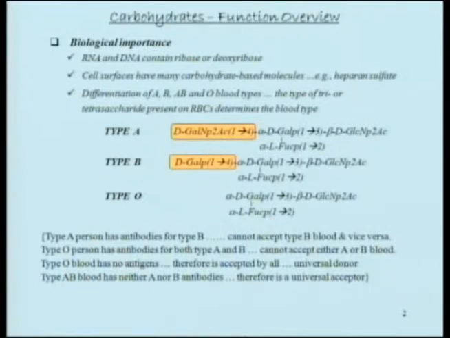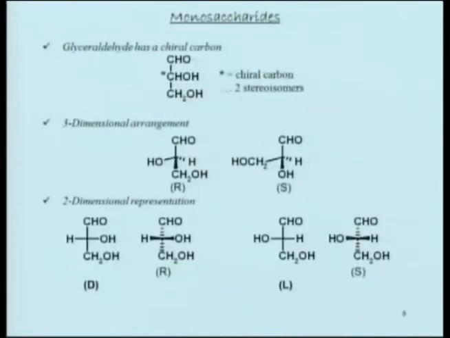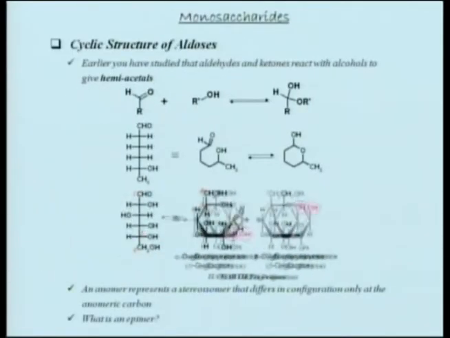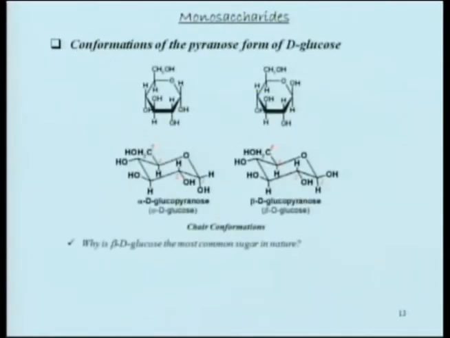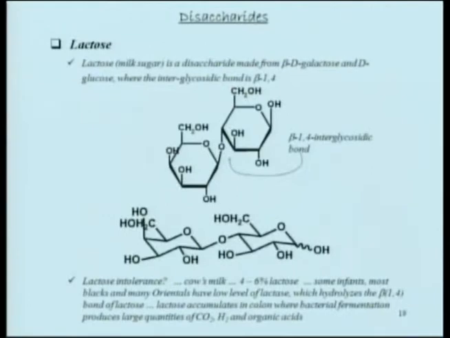That means position 1 is now connected with position 4. Okay. Alpha D, which is what we have identified, P pyranose, and rest of the chains. Okay. So in essence, that is how the polymers are built up, or that is how the oligomers are built up.